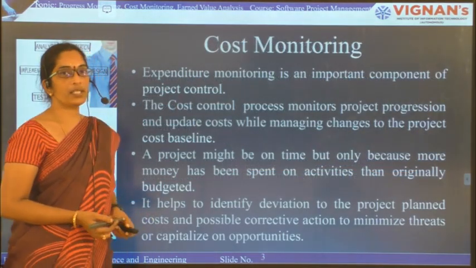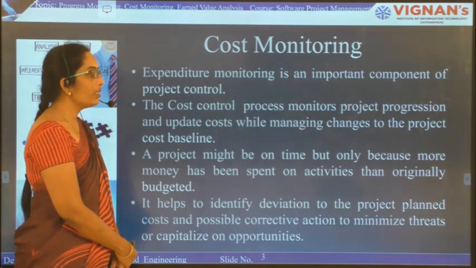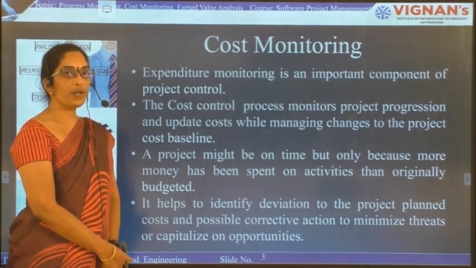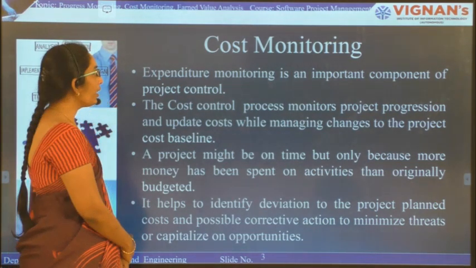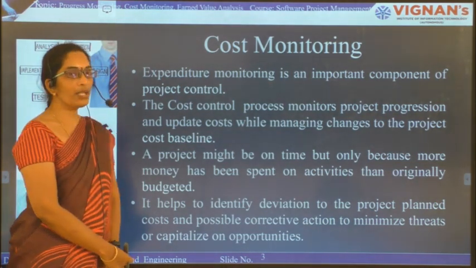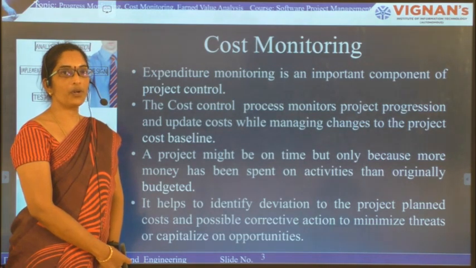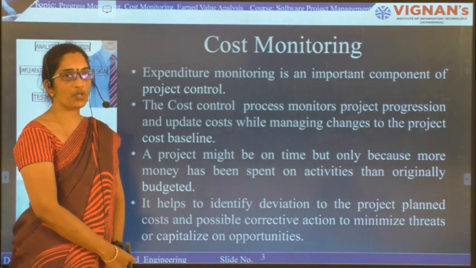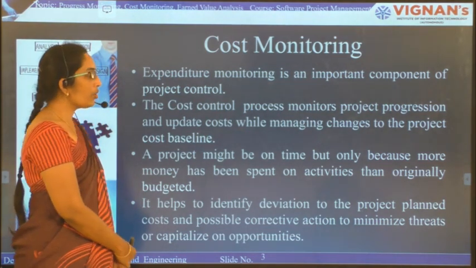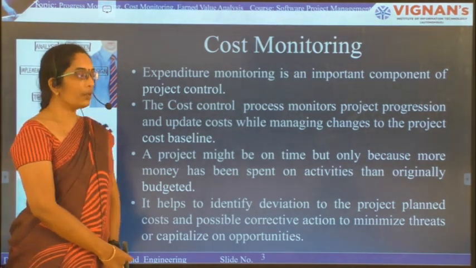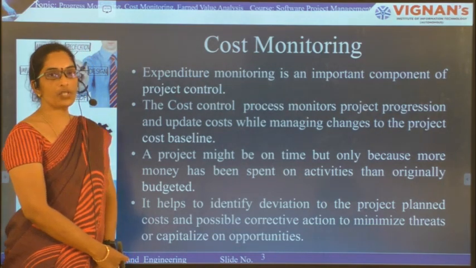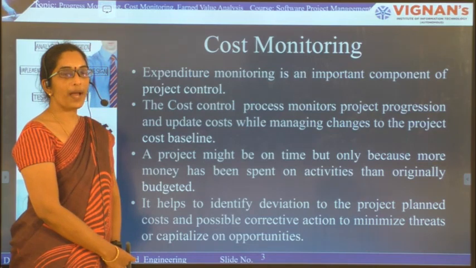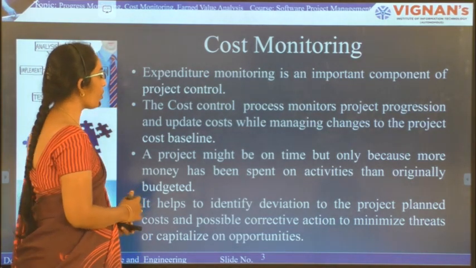The next is cost monitoring. Cost monitoring is very important in software project management. It is also called expenditure monitoring, and it is an important component of project control. The cost control process monitors the project progression and updates the cost while managing changes to the project.